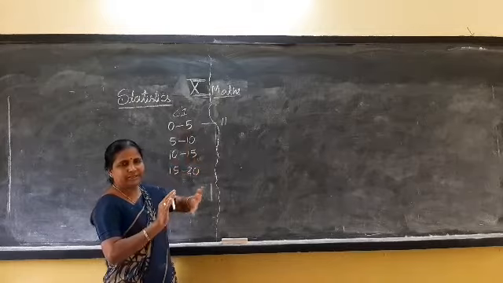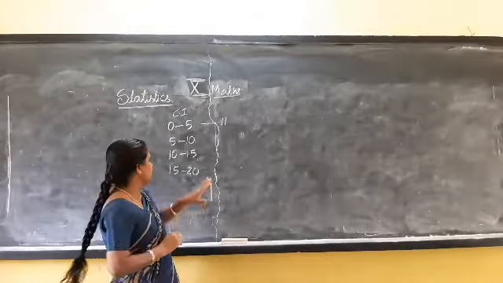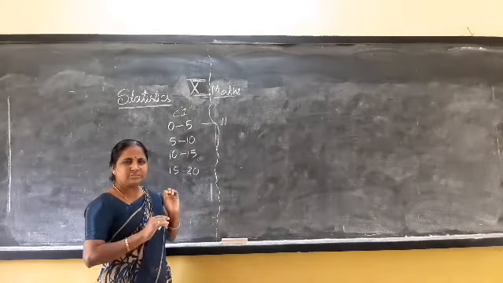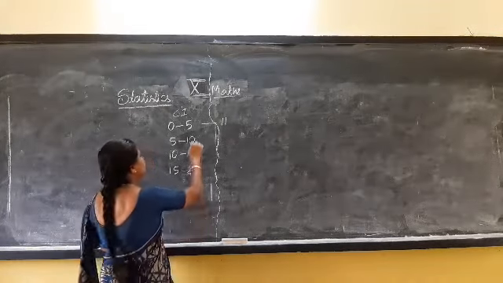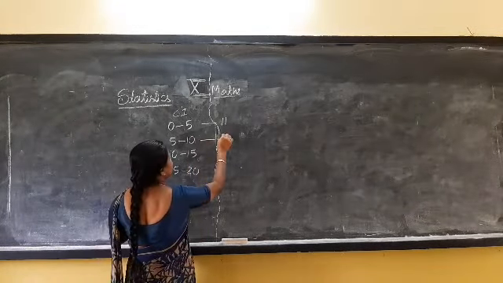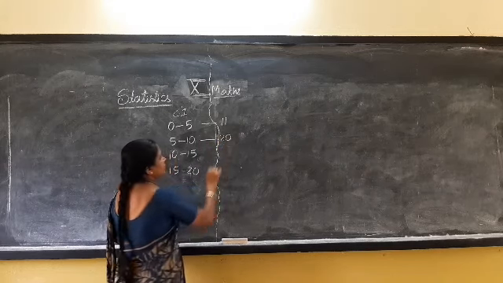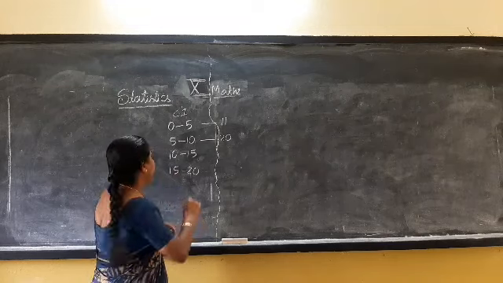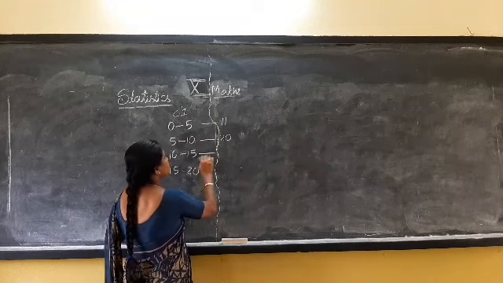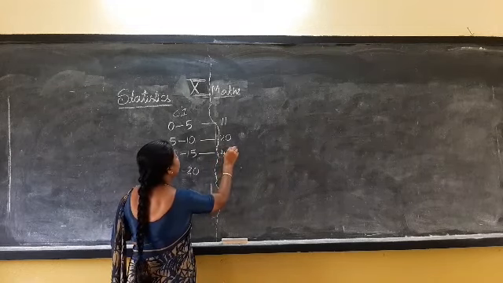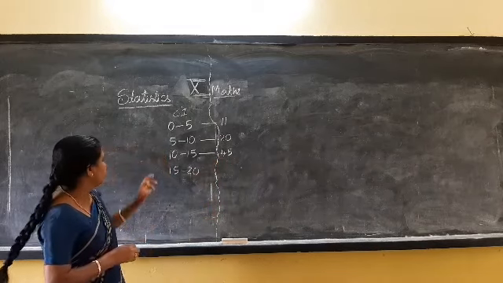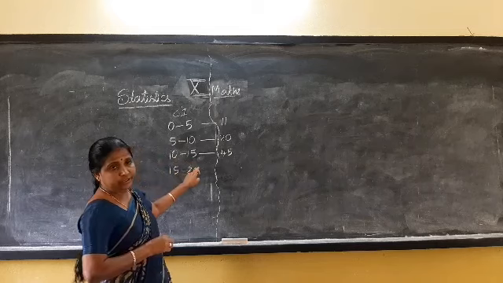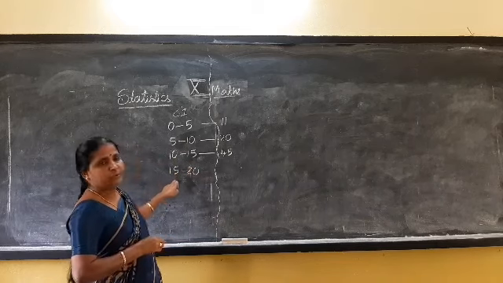Okay. I have written the number, just don't take it as perfect. Then 5 to 10. There are some students. 10 to 15 means actually 10 to 14, because 15 will come to the next group.